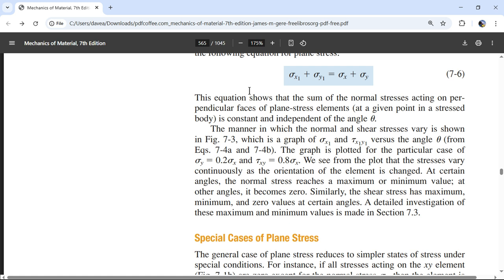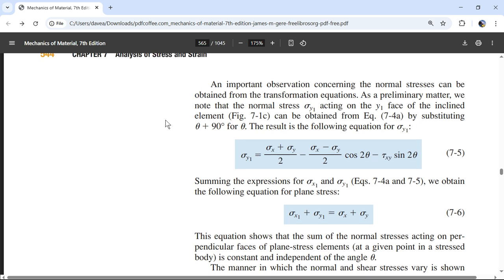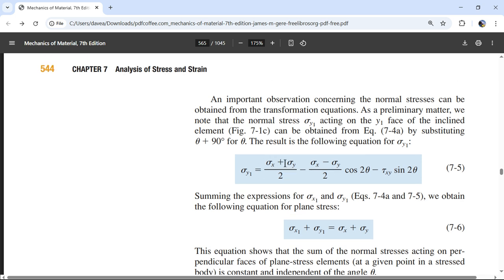So let's now go back to seeing where we can express that. Summing the expression, the result is the following equation for sigma y1. All right, so that sucks, because I think you should just do another cut. From my perspective, I don't see a magic wand that says you can get sigma y1 from that equation.